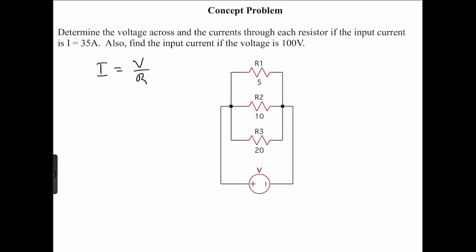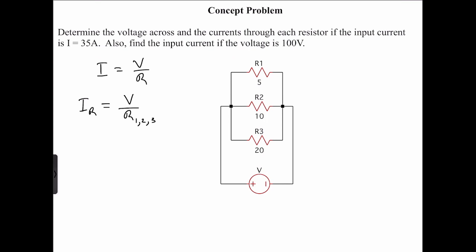So let's state a couple more relationships. The current I through a resistor is equal to the voltage across that resistor divided by the resistance of that resistor. So this could be R1, R2, or R3.